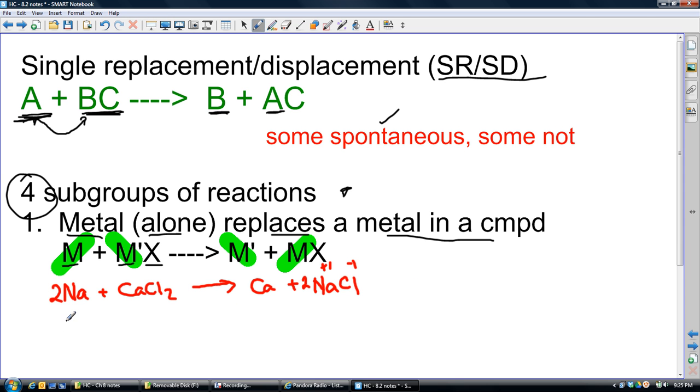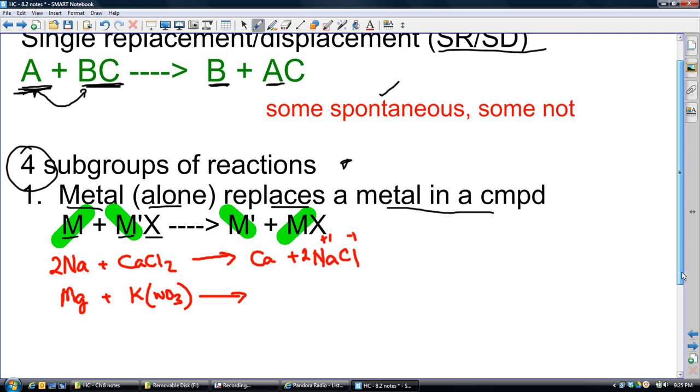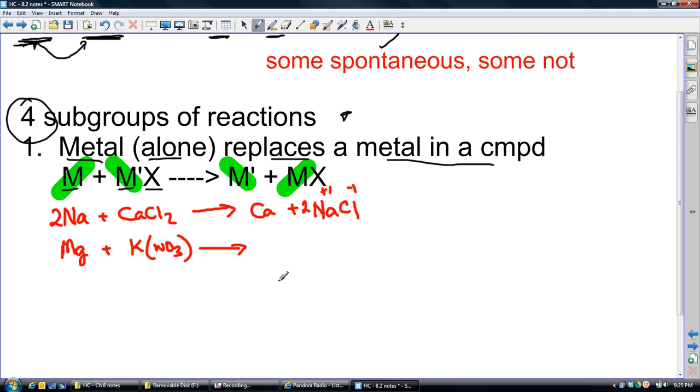Okay. Another example, let's say we take magnesium by itself, bonded to potassium nitrate. And I just put the parentheses around nitrate just because.